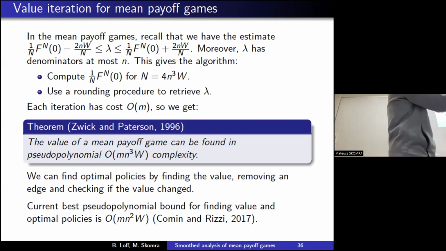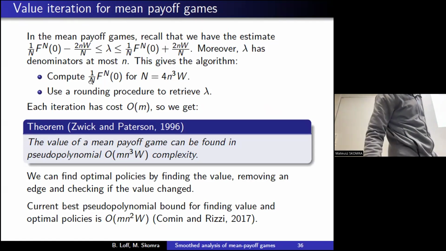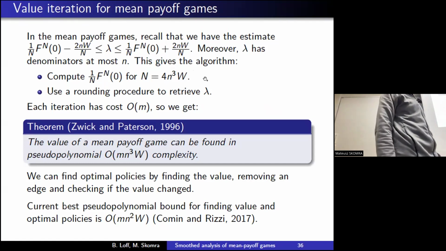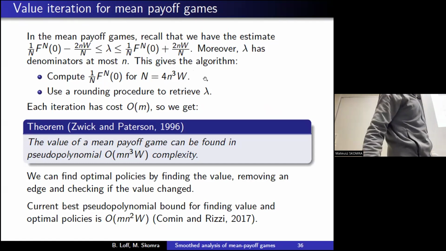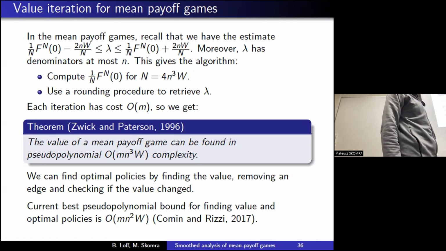You just compute this iterative thing, divide by n for this many steps. And here it is a little bit easier because now lambda has denominators at most n. This is just the length of the cycle. So you do this for this many operations, and you use a rounding procedure to retrieve the exact lambda.